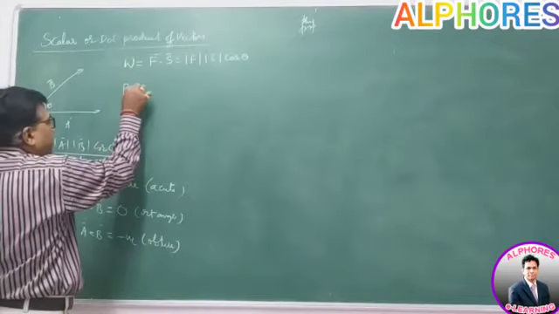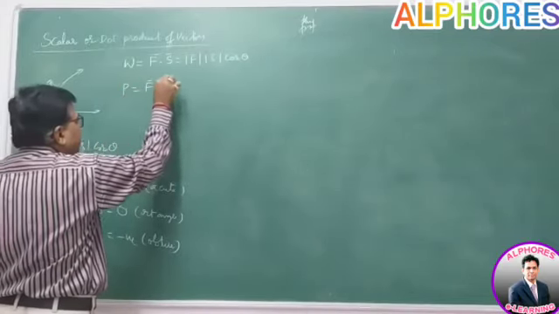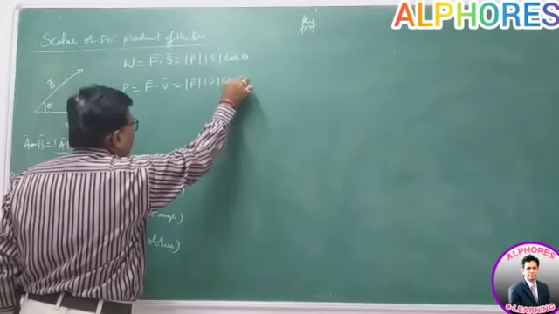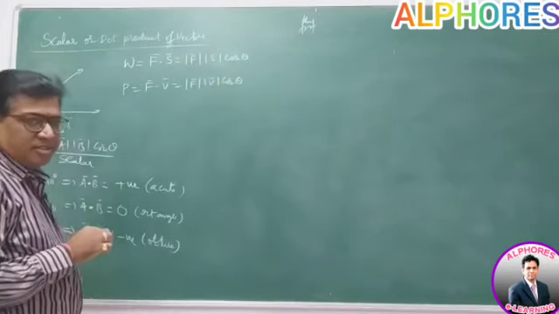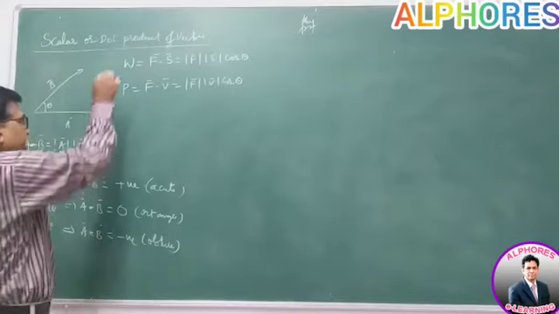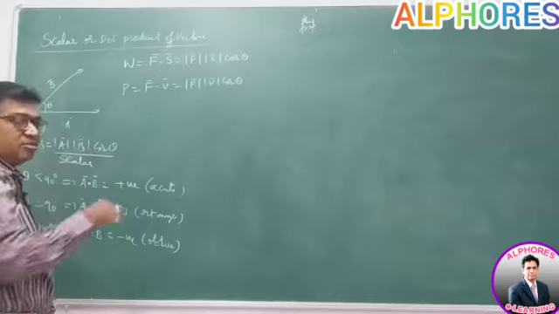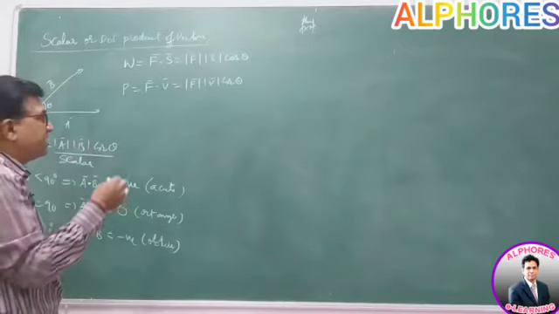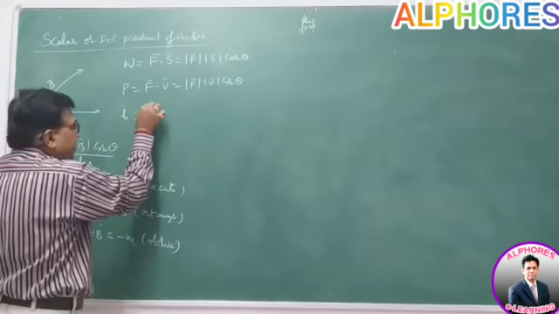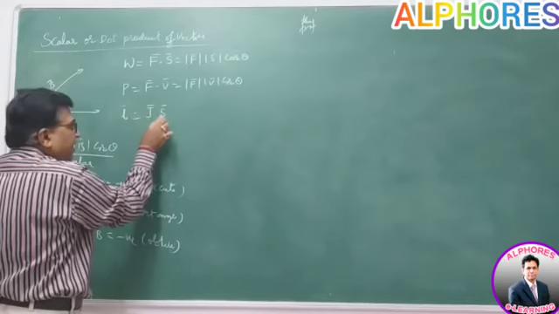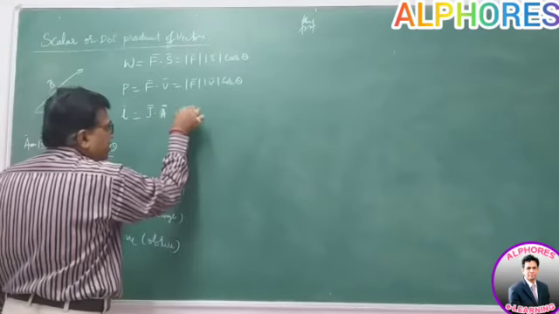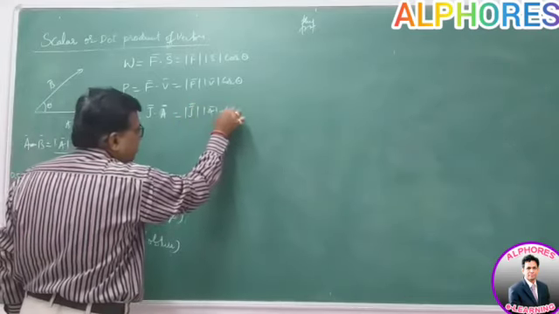Similarly, power is F dot V, mod F, mod V, cos of the angle between force and the velocity. So work is a scalar, power is a scalar. Current can also be written as the dot product of current density and area vector, J dot A, which is mod J mod A cos of the angle.